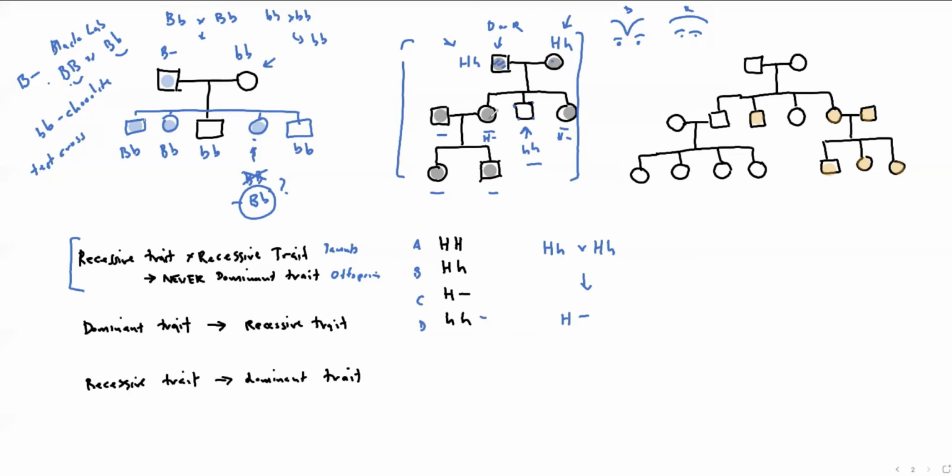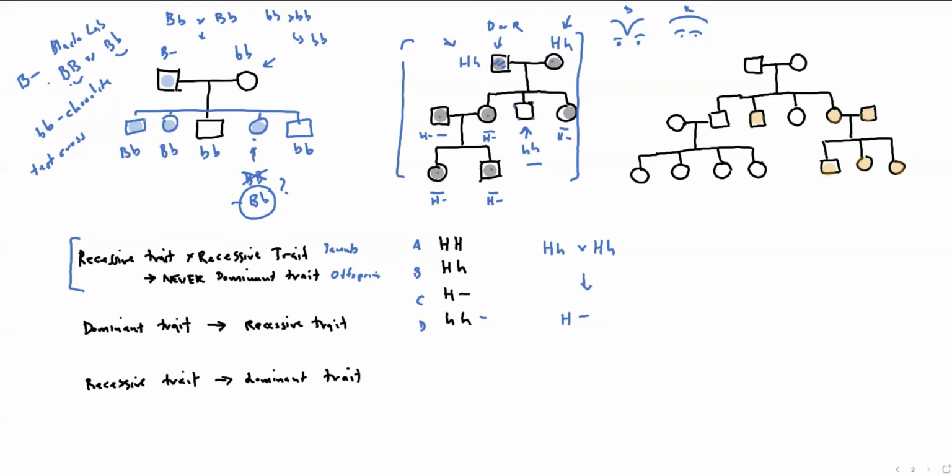And if you have a mating between big H dash and another dominant individual, and they produce two dominant trait offspring, you have no further information. These have to be big H dash, and this parent might be either homozygous or heterozygous. We don't have any information that would allow us to distinguish between the homozygous and heterozygous states for these other individuals with the dominant trait.